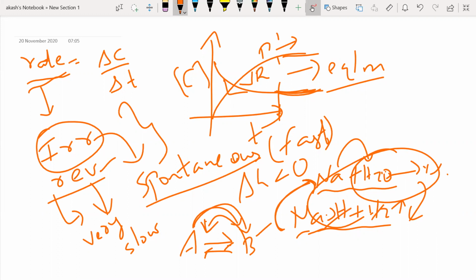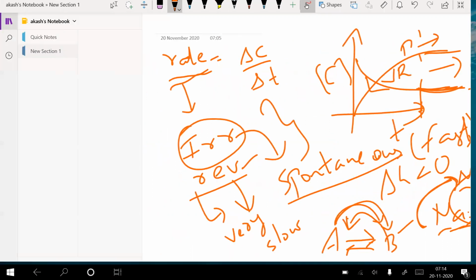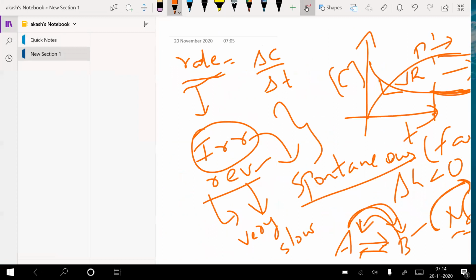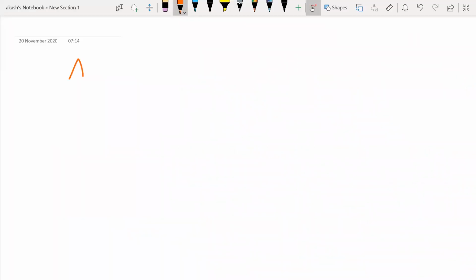Now let me add a page. So if I take an irreversible reaction, what will happen? Say I have A giving B. Say I start with 1 gram of A and 0 grams of B at time t equals 0.